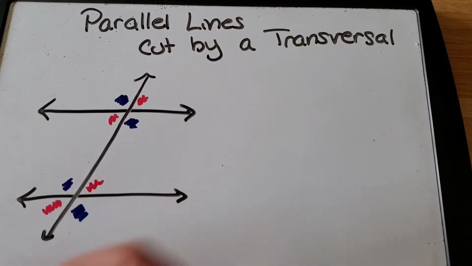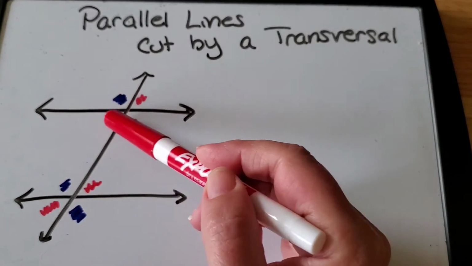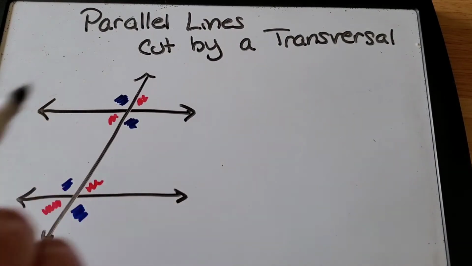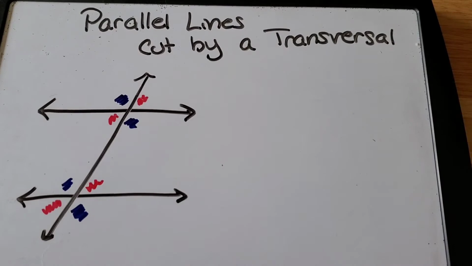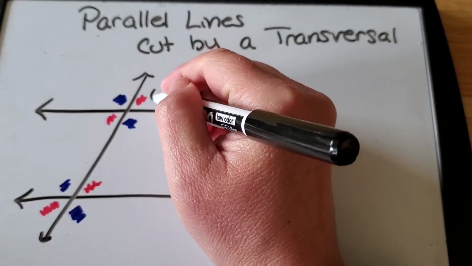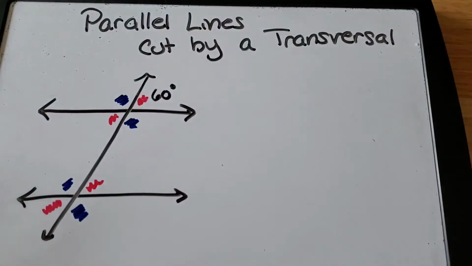And hopefully by now you know anything that's not the same color is going to be supplementary. It's going to add up to be 180. So go ahead and draw a picture like that, hopefully on paper. And let's say we knew that this angle was 60 degrees. I want you to pause the video and fill in the other angles.